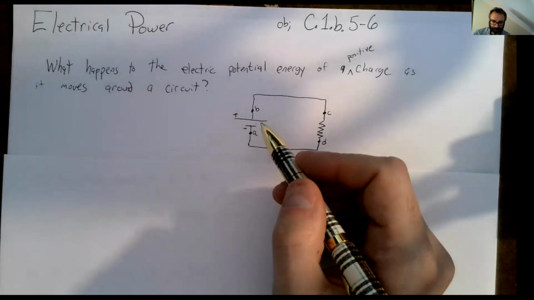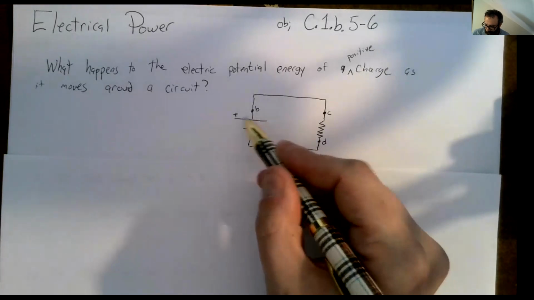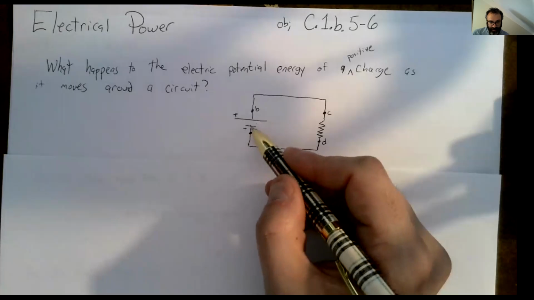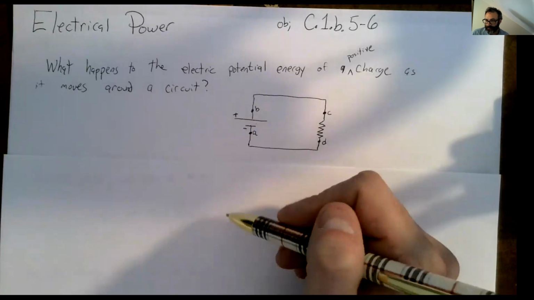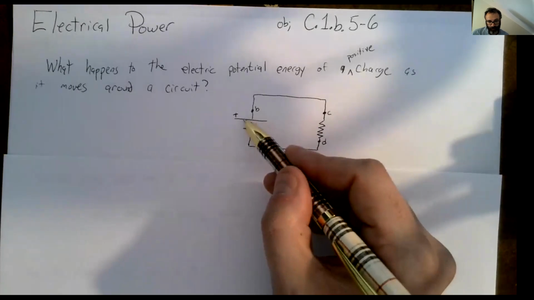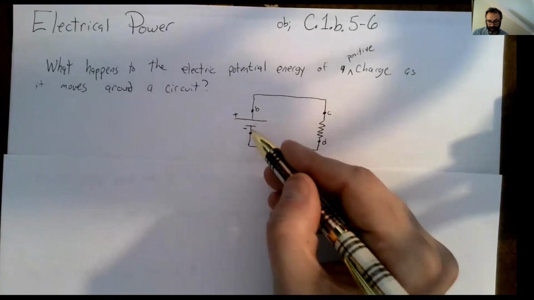We haven't looked at a lot of circuit diagrams yet, but there's only a few different symbols that we need to know. This first one here with a long and a short line, this is a battery. This would be the positive end of the battery. This would be the negative end. So say if you have a 6-volt battery, that means that this point here would be 6 volts of potential higher than this point here.